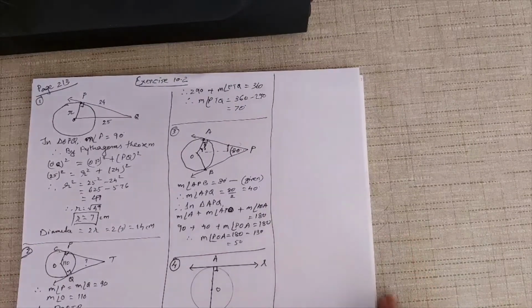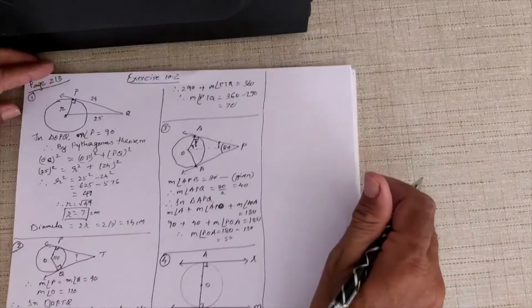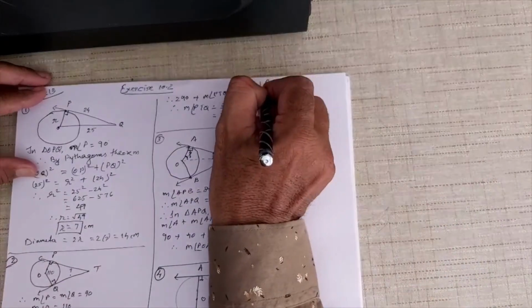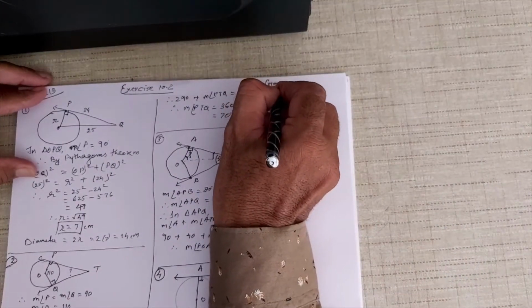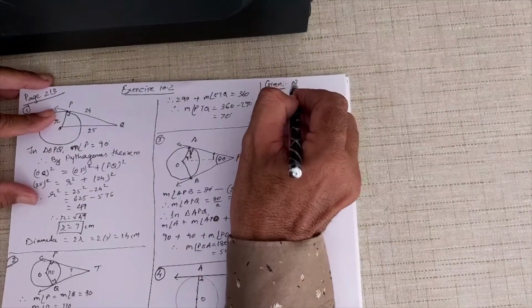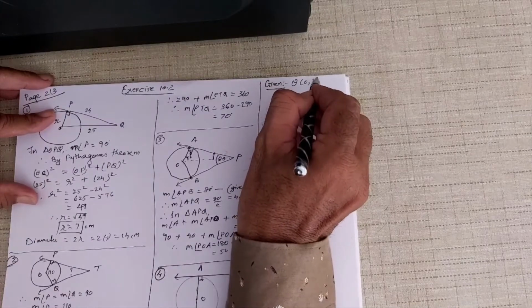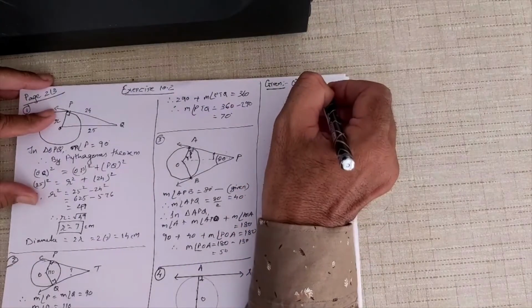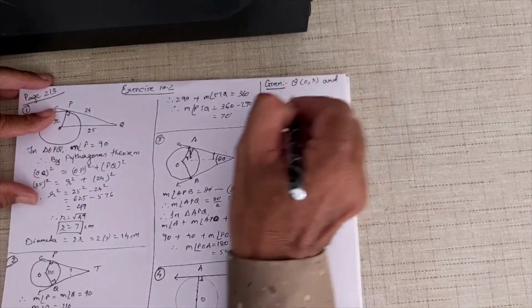Okay, so what are we given here? We are given a circle with center O and radius R. AB is a diameter.